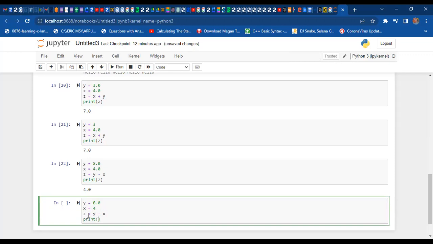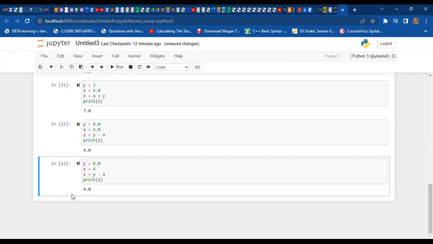Print z. It has given us a float again. So when you take an integer plus a float, you will get a float. When you take an integer minus a float, the answer will be a float.